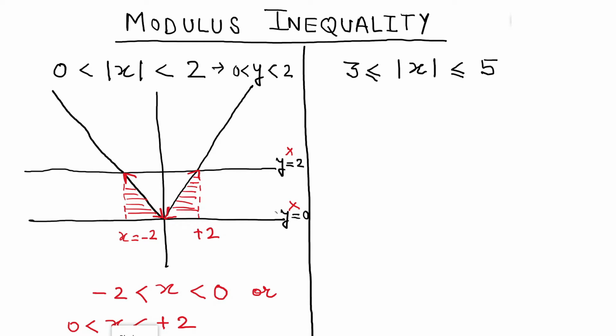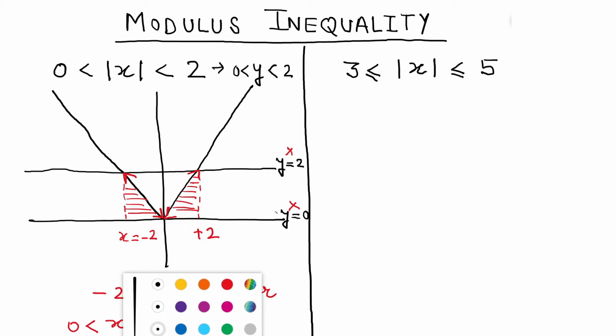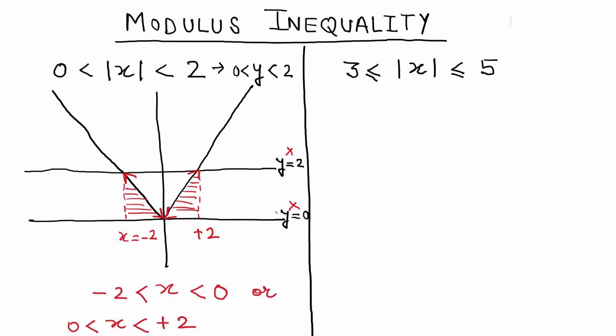Talking about the other example now, again we are going to draw the graph. So you have to make the graph of y from 3 to 5. This is the graph that you are expected to make.